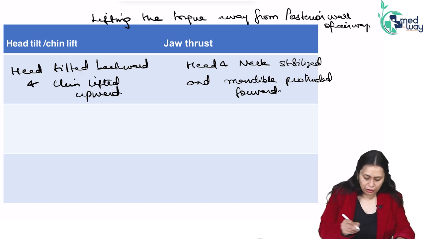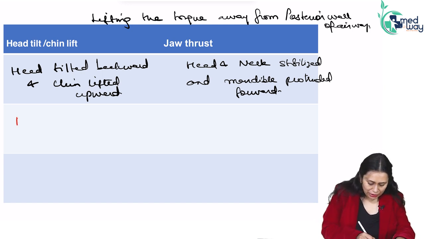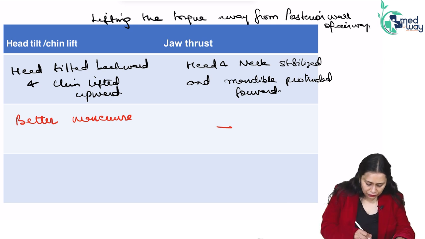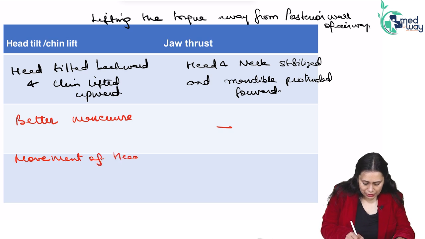Head tilt chin lift is a better maneuver compared to jaw thrust, right? But in head tilt chin lift, there is movement of the head and neck joint. So it is not the first maneuver in a trauma victim.